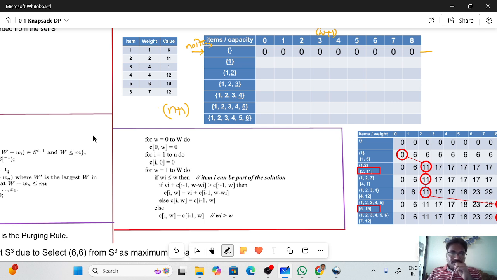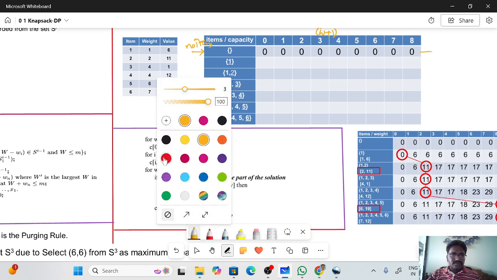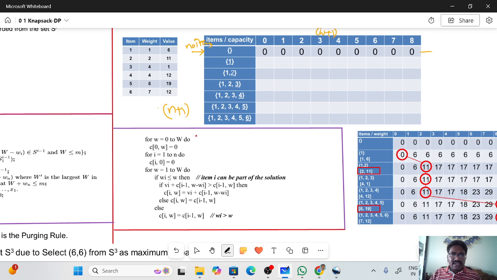Now observe, when I fill the second row, I consider only the first item. What is the first item's weight? 1. That means with less than 1 I am unable to place item 1, because I am talking about the 0/1 knapsack.